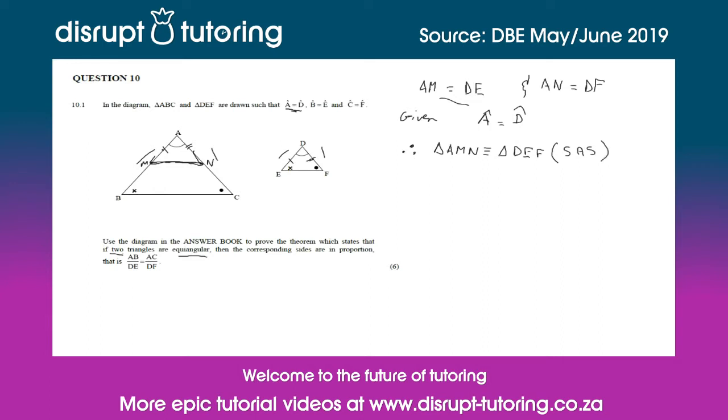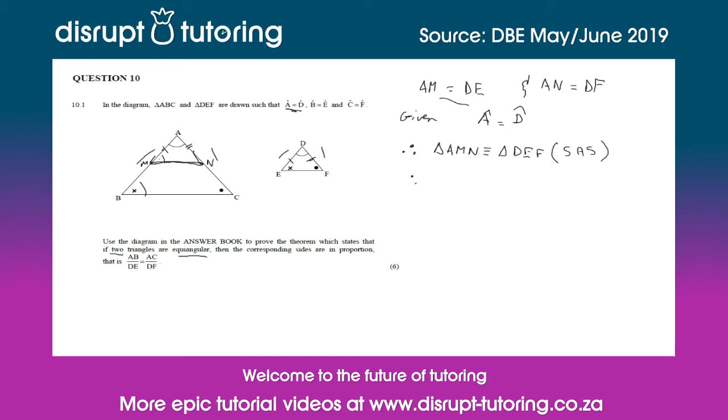Now that we've proven congruency, we can conclude that angle B and angle M are going to be equal, because congruent triangles have equal angles.